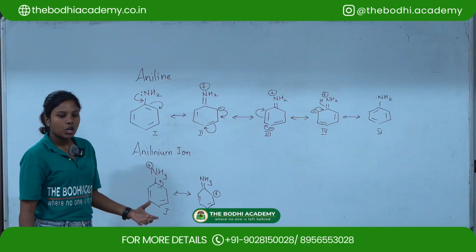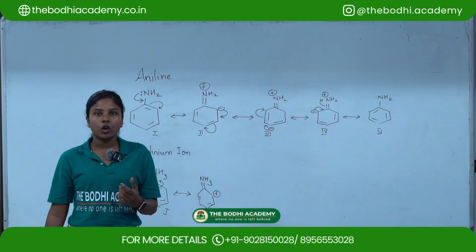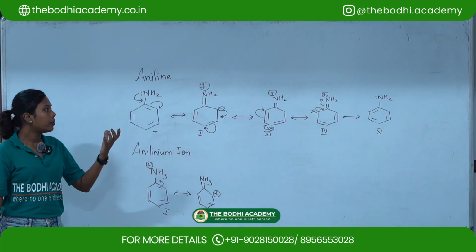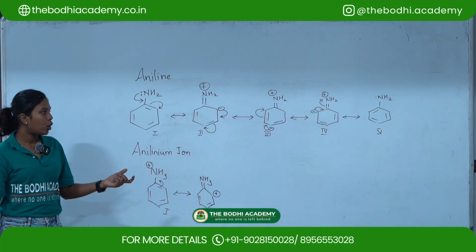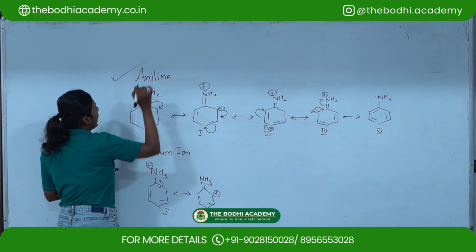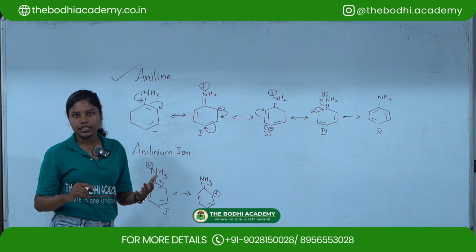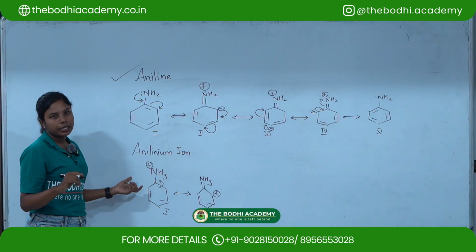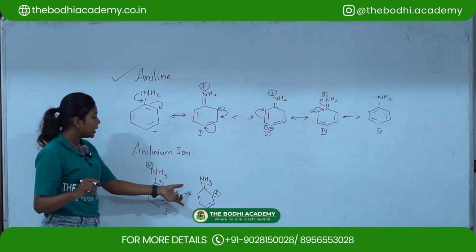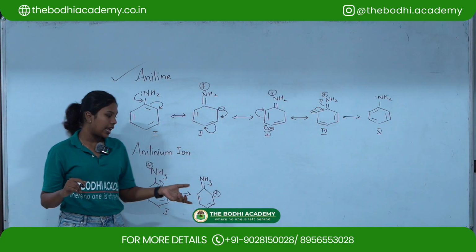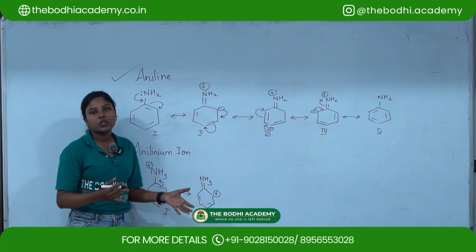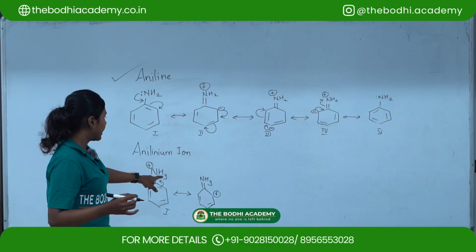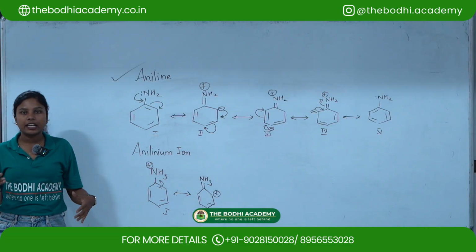To define the stability of any molecule, we say that the more the number of resonating structures, the more is the stability. Clearly aniline has more resonating structures, so it is more stable than the anilinium ion. And the anilinium ion in this state is highly unstable. It is a hypothetical thing that does not usually occur, because in that case this nitrogen might occur in a pentavalent state.